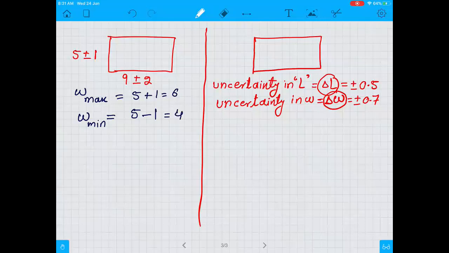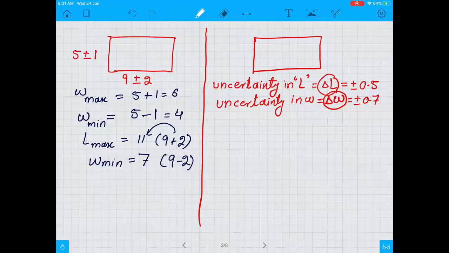In the same manner, the maximum possible length could be 11. How do we get 11? 9 plus 2. And minimum would be 7, that is 9 minus 2. So in this part, we are able to find the maximum and minimum value of length and width.